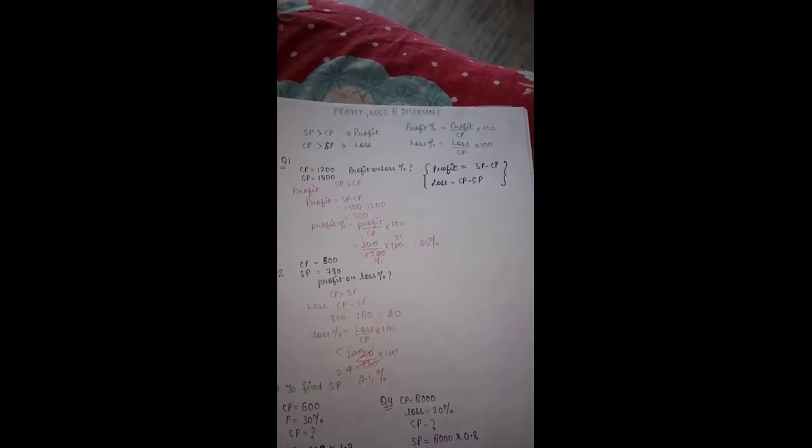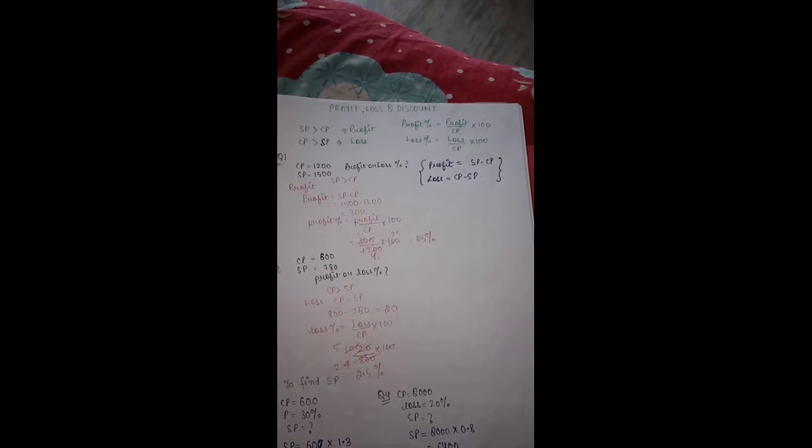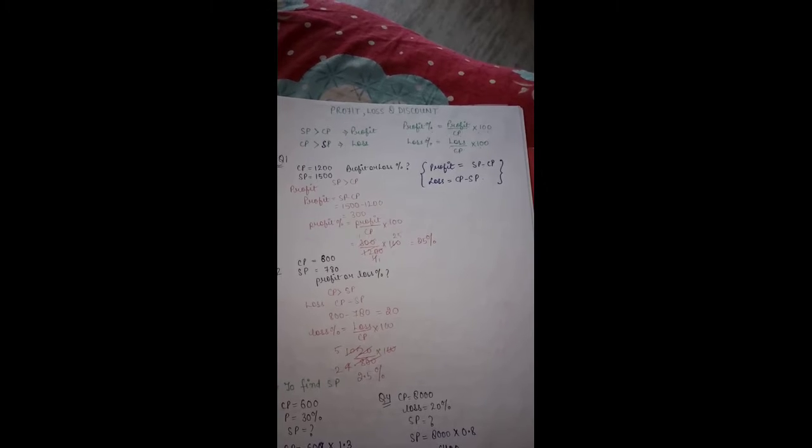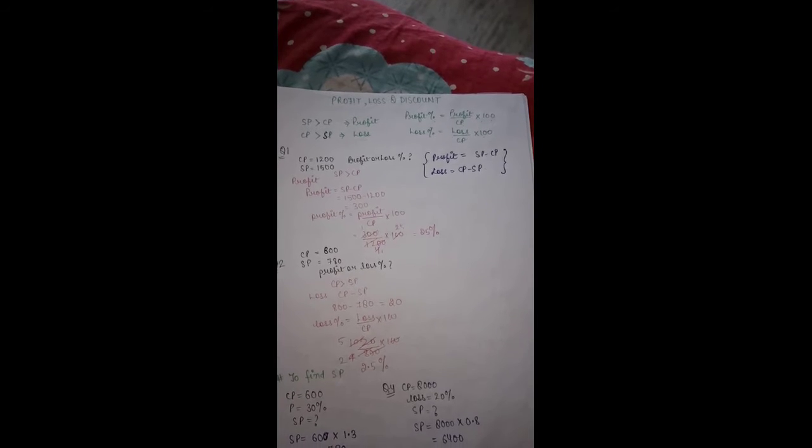To calculate the profit percent, it is profit upon CP into 100, CP is the cost price, and loss percent is loss upon CP into 100. Always remember that profit and loss is always calculated on the cost price.